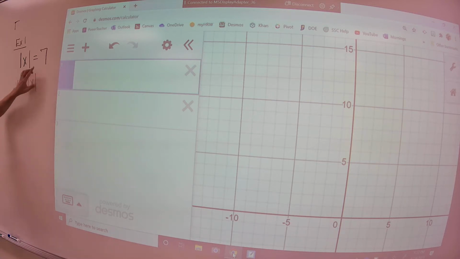Since I have the equals 7 part on the back of this equation, would it be okay with you if I took this equals y part and flipped it over here to the back, just so it looks similar? I'm going to do that. So let me call these the related graphs.